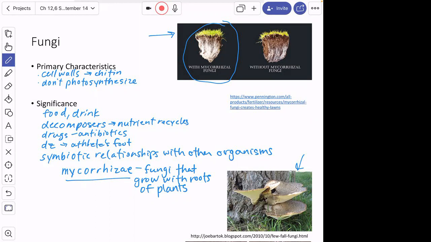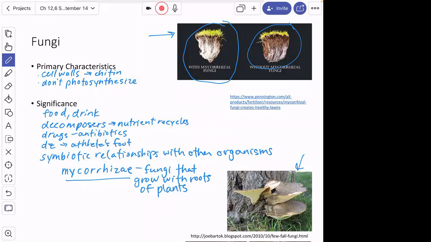So this company is saying this is good for grass. Hey, look, the grass with more mycorrhizal connections is growing more vigorously than the grass without that mycorrhizae connection. And I don't know, those pictures don't look a whole lot different to me, but again, we know that many plants have these mycorrhizal, symbiotic relationships.